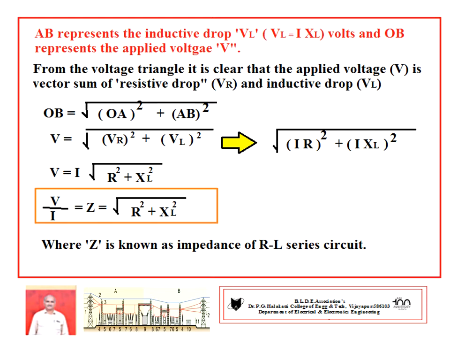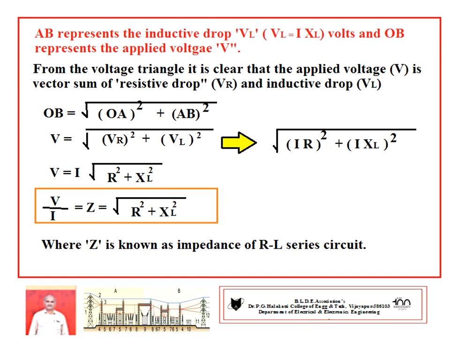From the voltage triangle, it is clear that the applied voltage V is the vector sum of VR and VL. So OB equals the square root of OA squared plus AB squared.